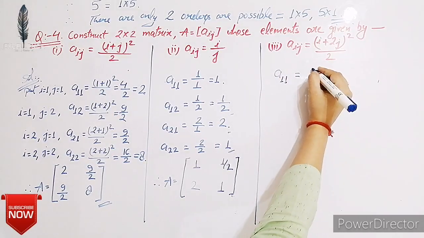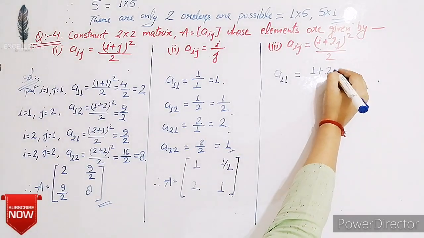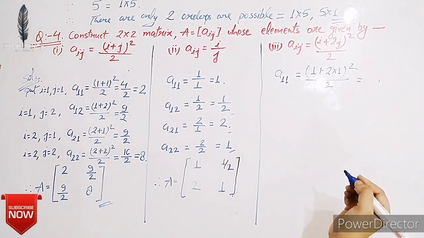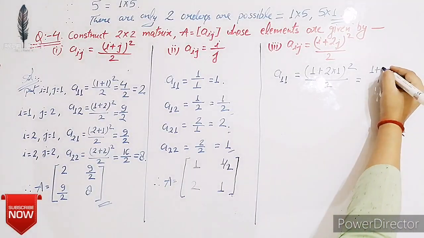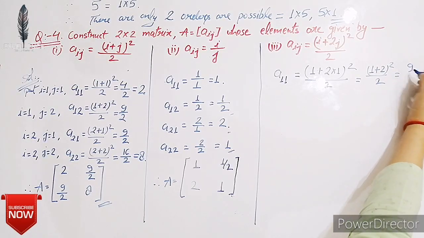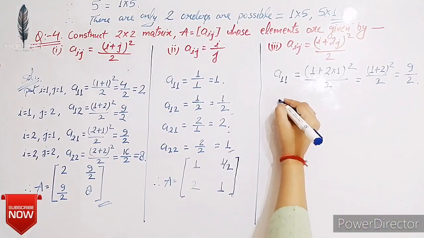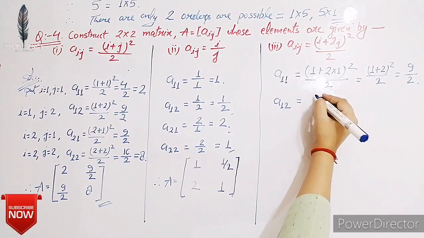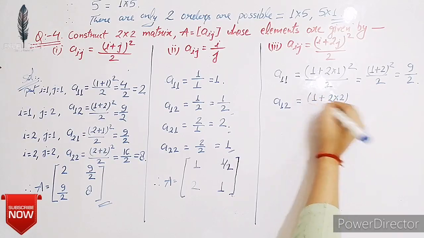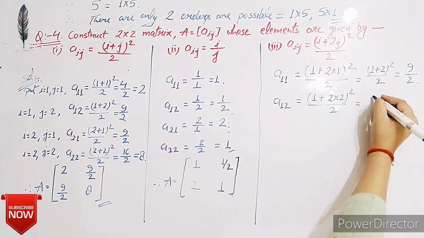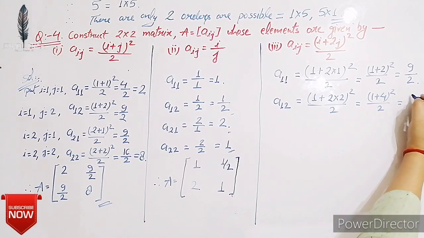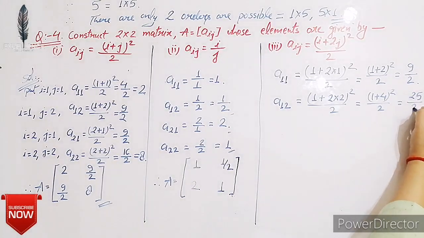Same here, put i equals 1, j equals 1, that is A11 equals (1 plus 2 into 1) whole square upon 2, that is 1 plus 2, that is 3 square upon 2, that is 9 by 2. OK. For the second element put i equals 1, j equals 2, that is A12 equals (1 plus 2 into 2) whole square upon 2 equals (1 plus 4) whole square upon 2, that is 5 square, 25, 25 upon 2.